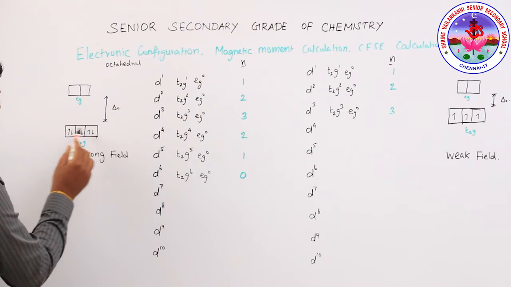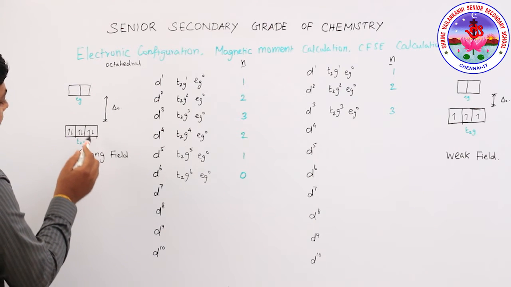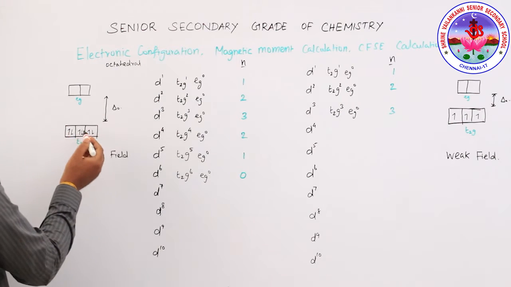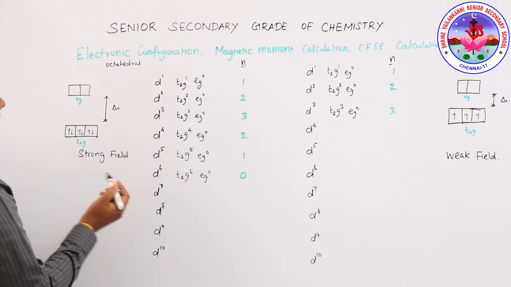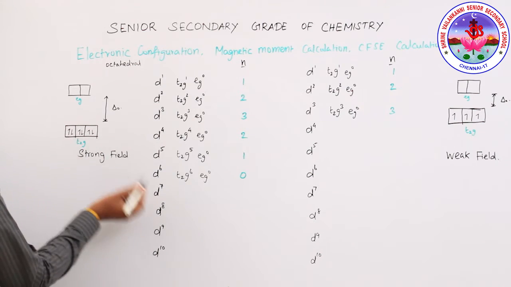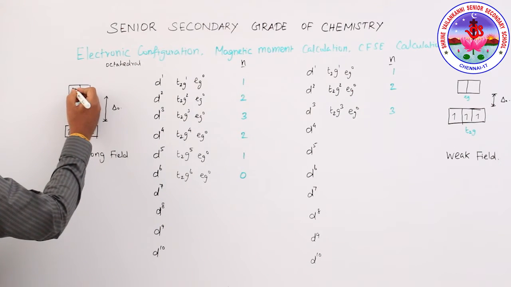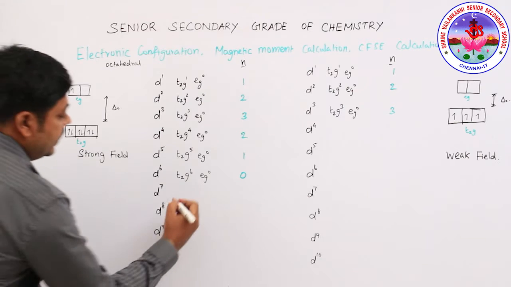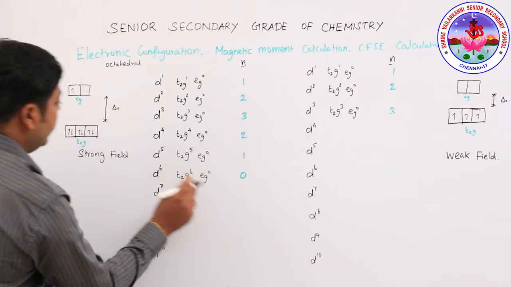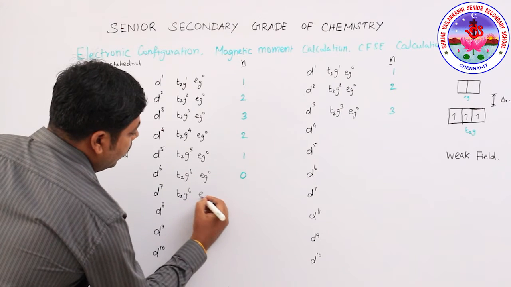Then D7, the D7 electronic configuration. All the electrons are paired here. So electrons have to enter the higher energy level, that is the Eg level. 6 electrons are already here. The 7th electron moves to the Eg orbitals. Now write it T2g 6, then Eg 1.